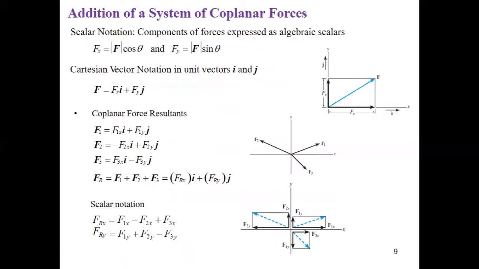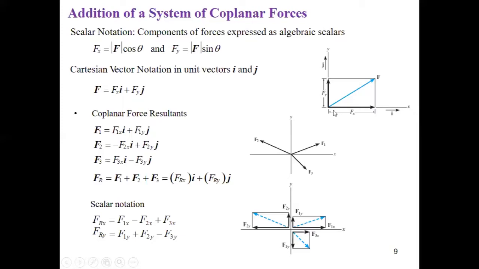Now, in Cartesian components, for example, here a force is F along the x direction. The component or the value of this force is Fx, but the direction is i, usually along the x-axis. The direction is represented by i, while along the y-axis, j. If it is three-dimensional, then along the z-axis it will be k.